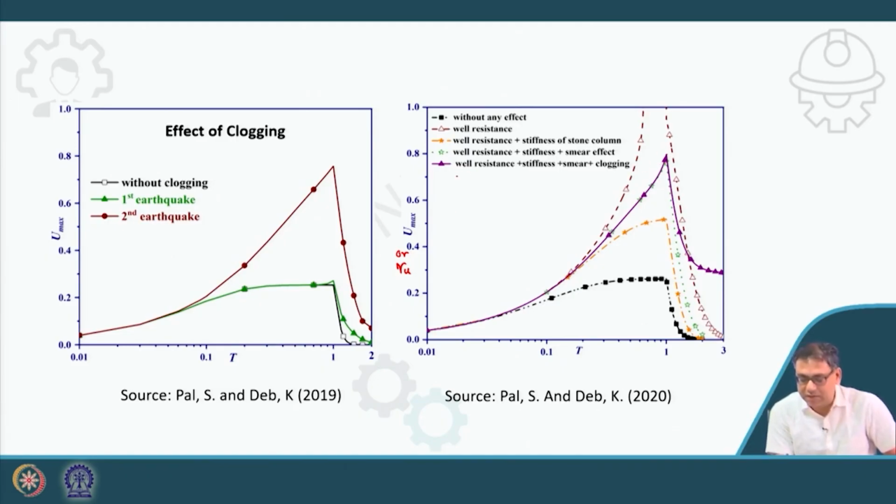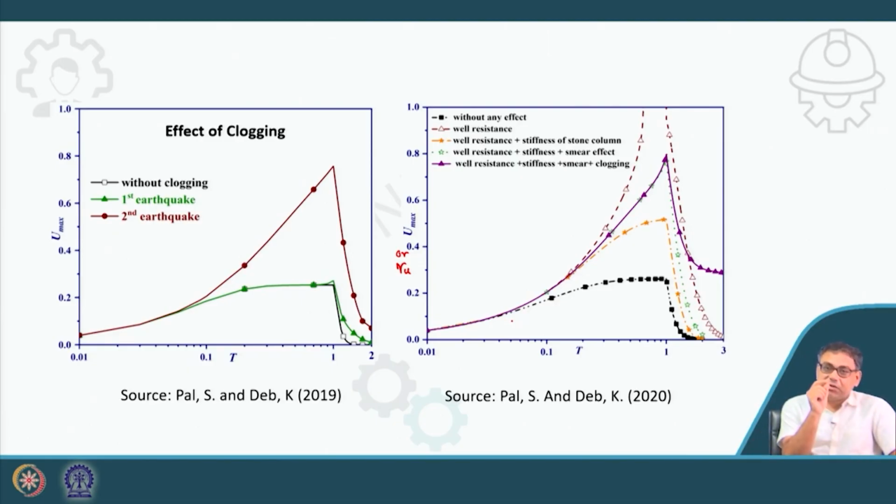Now the last one is the oil resistance plus stiffness plus smear plus clogging. If I consider all these effects, then you can see a very interesting result. This is the purple color and green color. So this is the green color curve and purple color curve, up to t equal to 1 they are overlapping, which means that the clogging doesn't have a significant effect during the earthquake, because during the earthquake there will be dissipation also.